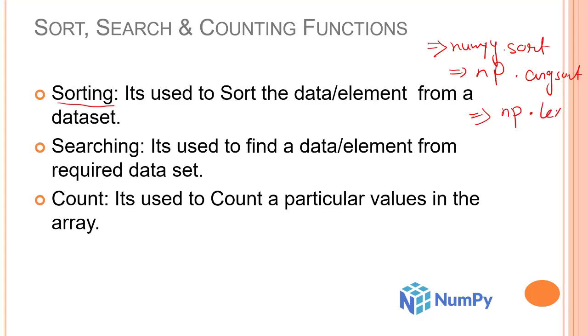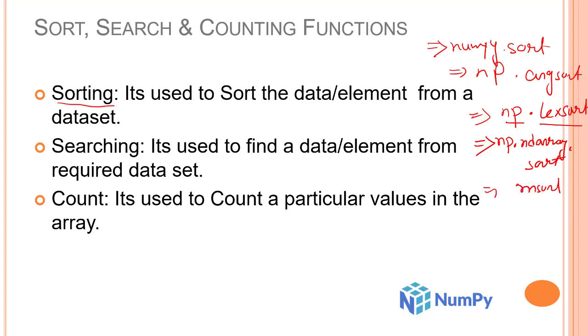Except this, we have another method called np.lexsort. It returns the sorted values directly, in sequence order. If you want to give the direct value, you can use np.lexsort. Let's move to the next method. There are lots of methods available here. You can go with np.ndarray, as we know we use the ndarray.sort method.